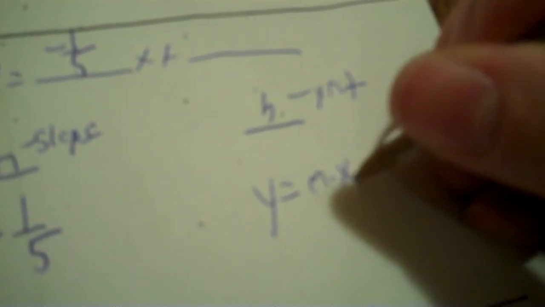If this is negative, mine is positive. Okay, now y equals m times x plus b. So negative 1/5. Okay. So 6 is y, negative 5, b plus. I got 1. Okay. So minus 1, 5 equals b. Okay.